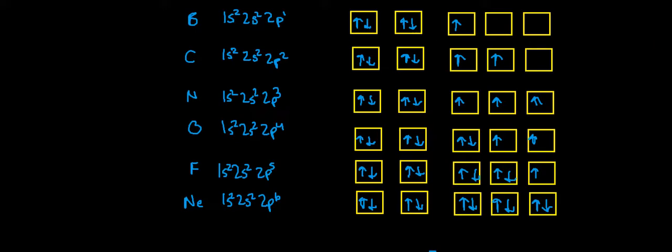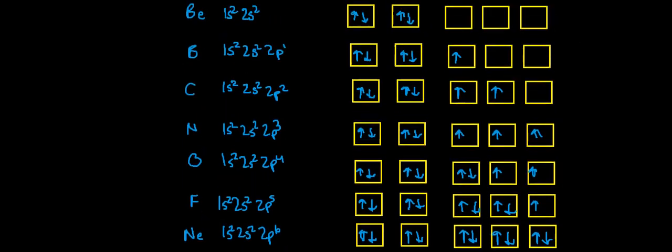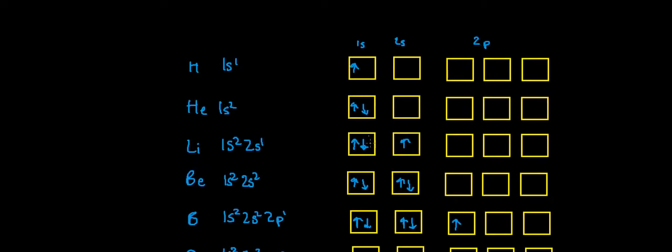And here is a good time to talk about the idea of the octet. The octet is talking about the valence electron configuration. Now the valence electron configuration is the electron configuration of the outermost electrons. So notice how after I filled up this 1s orbital here, it really became quite irrelevant.